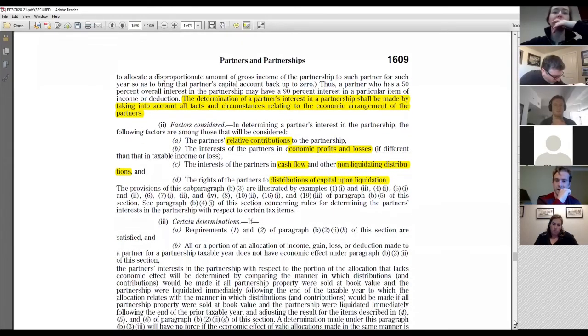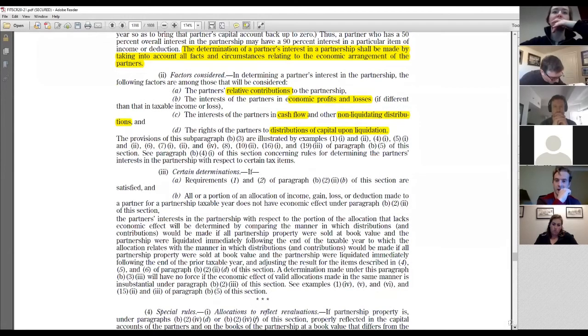But here's one special PIP rule. That's what I refer to as a special PIP rule that applies when we have these alternate economic effect failures where we're driven too low. So there's certain determinations. -1(b)(3)(i), again, our special PIP rule. And it gives us some certainty.